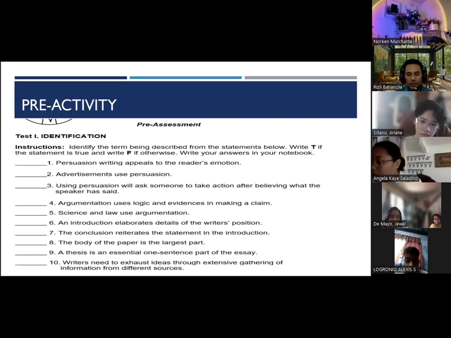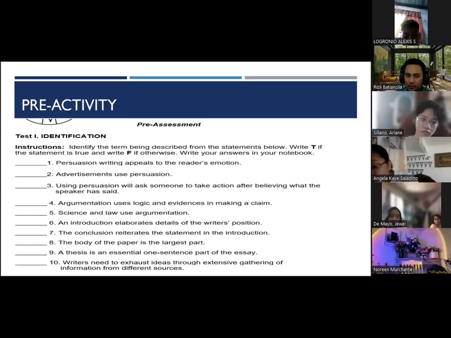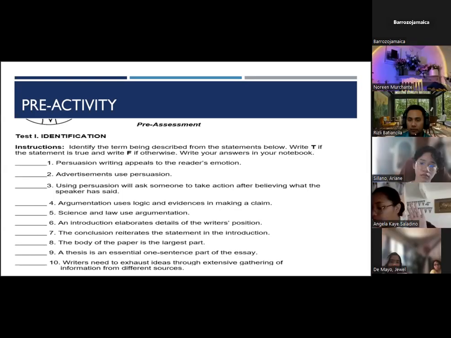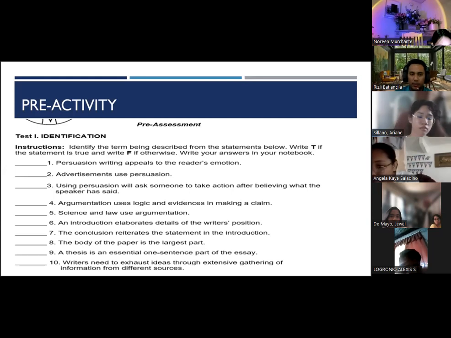Number 4, argumentation uses logic and evidences in making a claim. Does argumentation use logic and evidences in making a claim? Yes, Logroño? True, sir. Okay, that is basically true. Argumentation uses logic and evidence. Now, do science and law use argumentation?